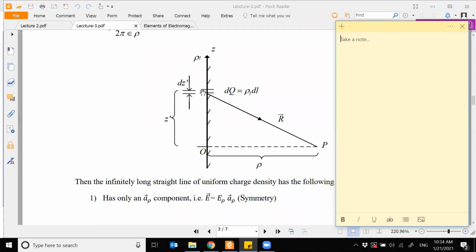And now if this elemental length is dz dash, then the elemental charge dq of this small elemental length will be rho L dz dash.